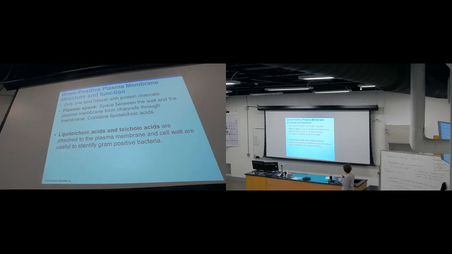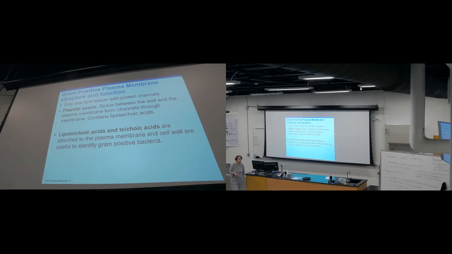Now, for the gram-positive, they have only one plasma membrane, and this plasma membrane will have lipoteichoic acids, which are very characteristic of these gram-positive bacteria.